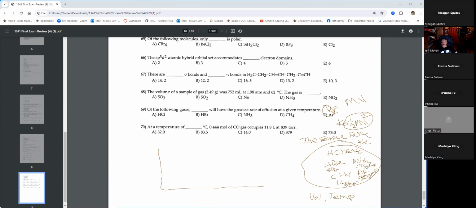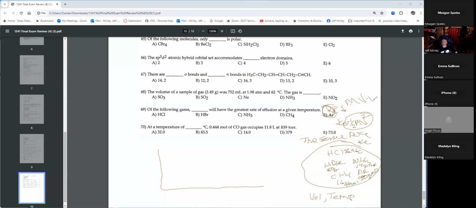So they all weigh different amounts. That's mass, but they all have the same average kinetic energy. So we're just looking at mass times velocity. Well, if I'm a lighter gas, I have less mass. And I have this kinetic energy, what does that say about my velocity?